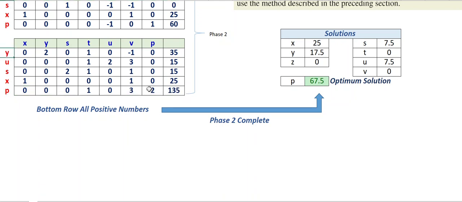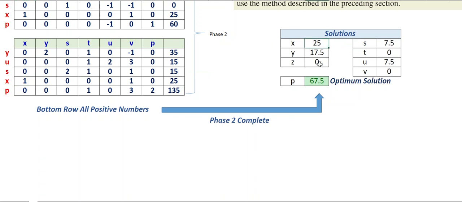Y is equal to 35 divided by 2, which will be 17.5. U is 15 divided by 2, which is 7.5. S is 15 divided by 2, which is 7.5. X is 25 divided by 1, which is 25.